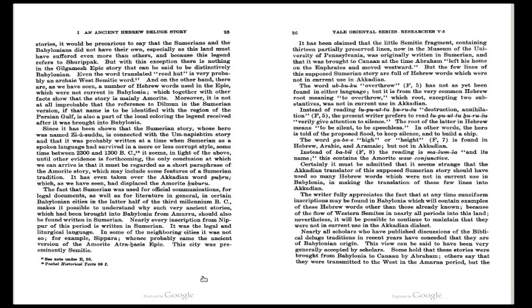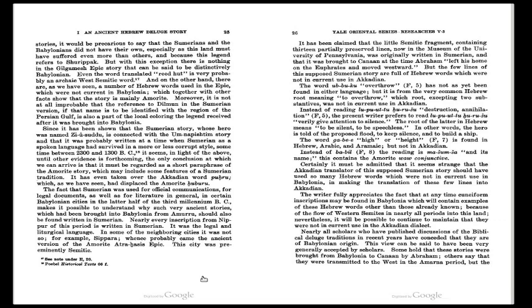Even the word translated reed hut is very probably an archaic West Semitic word. And on the other hand, there are, as we have seen, a number of Hebrew words used in the epic which were not current in Babylonia, which together with other facts shows that the story is mainly Amorite.